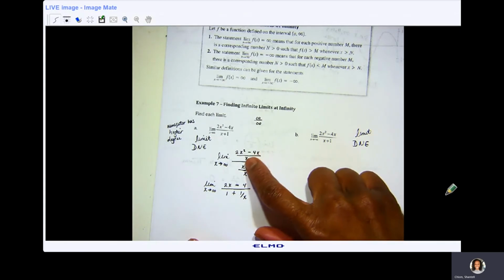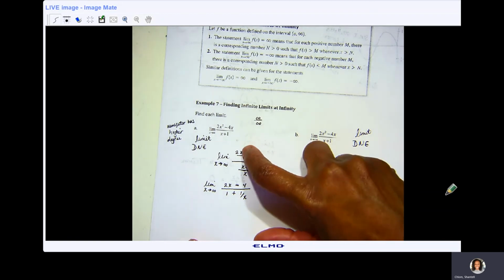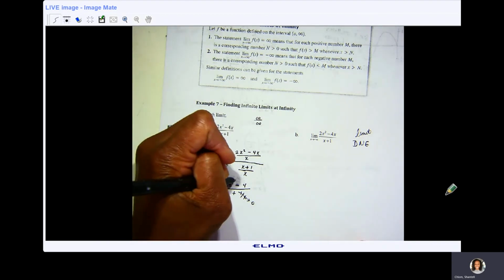So in the numerator, you were able to cancel out the x on top with the x on the bottom, and on the bottom you end up with x over x, which is 1, plus 1 over x. So as x approaches infinity, this approaches 0, and the other part heads towards infinity.